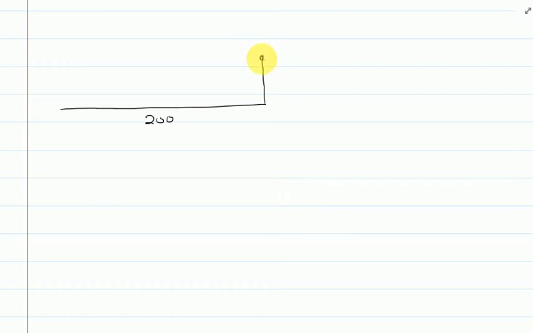Let's say this point, the distance from the ground, is y, and it's going up at a speed of 4 meters per second. We can imagine that direction is positive, so the velocity of that balloon is 4 meters per second, right?